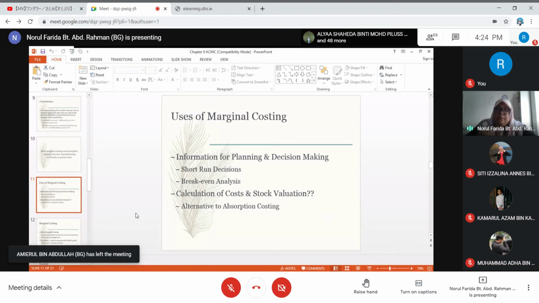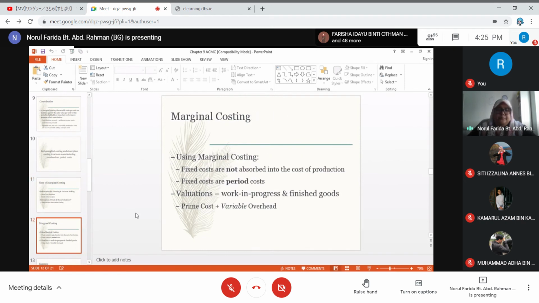So dia penting untuk planning and decision making, whereas fixed cost you kena determine dululah. Calculation of cost and stock valuation. Okay, alright. It is alternative to the absorption costing. So you boleh kira juga stock valuation. Alright. Alternative kalau guna absorption costing.